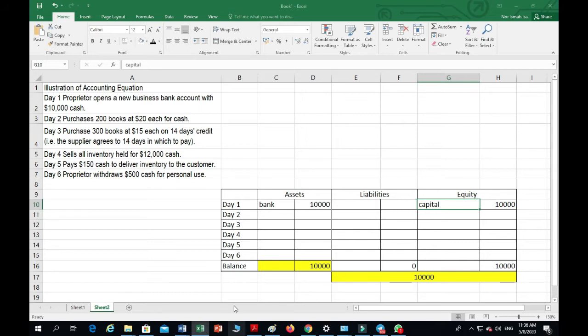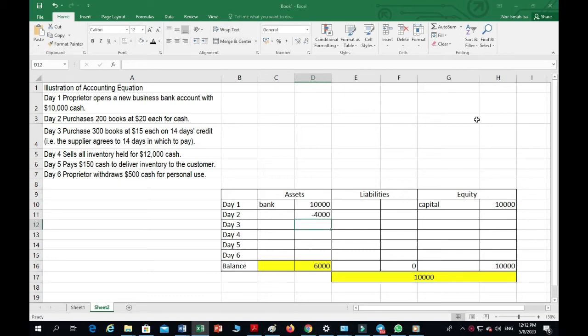The business will show the financial position as assets of 10,000 and liability plus equity with the same amount of 10,000.